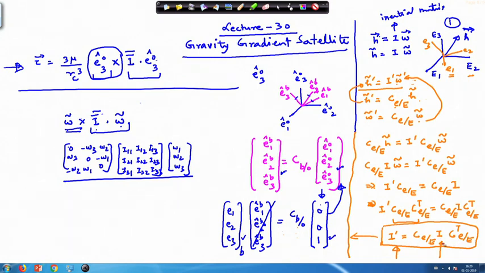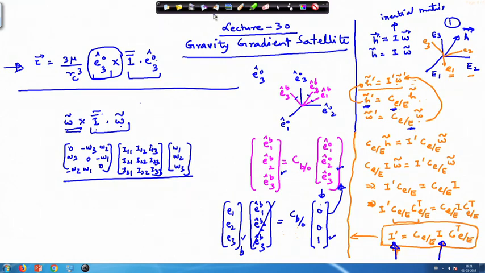So, this was in your inertial frame, and from the inertial frame you have converted into the body frame. This I prime is referring to the E frame. Like here H prime is referring to the small e frame, and capital E is referring to the inertial frame.